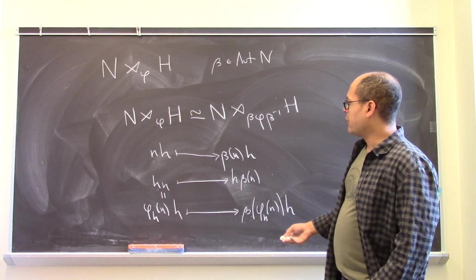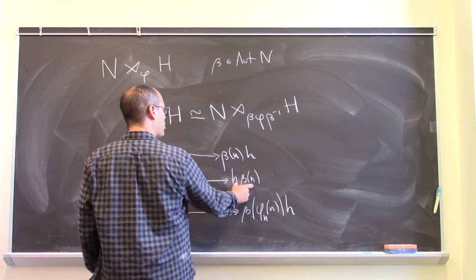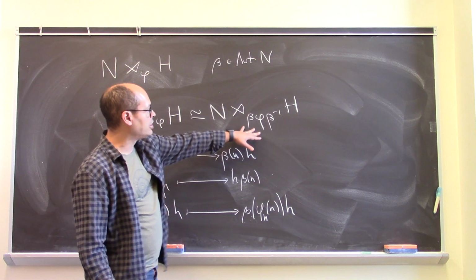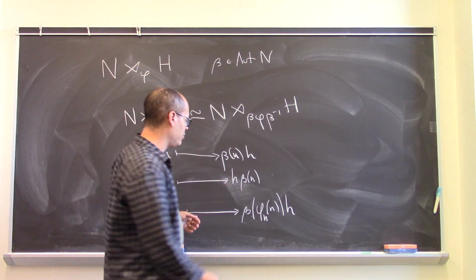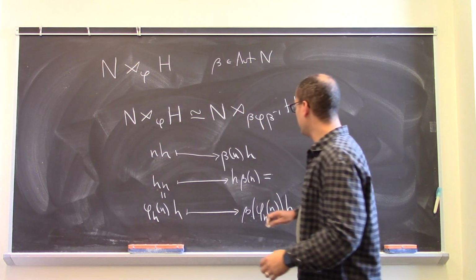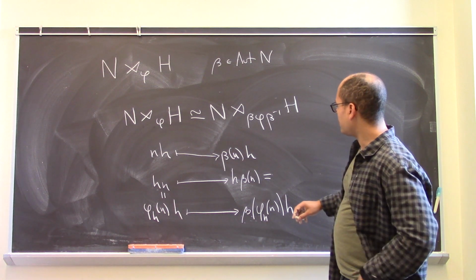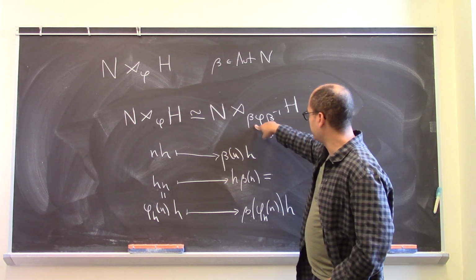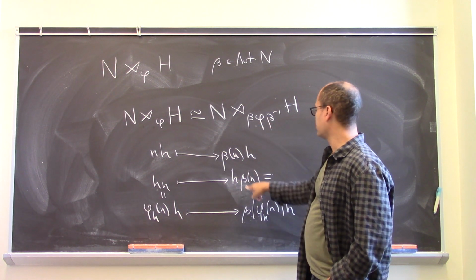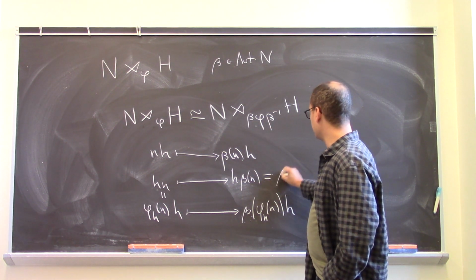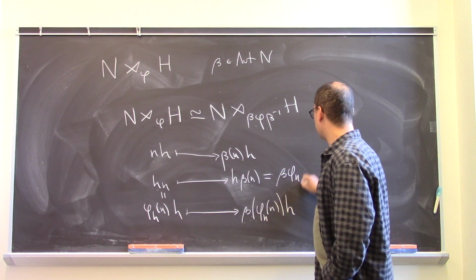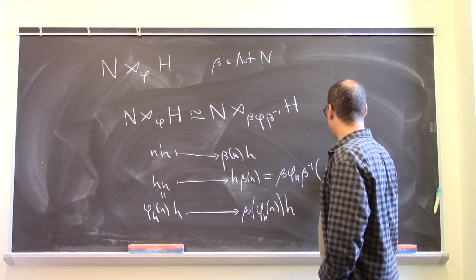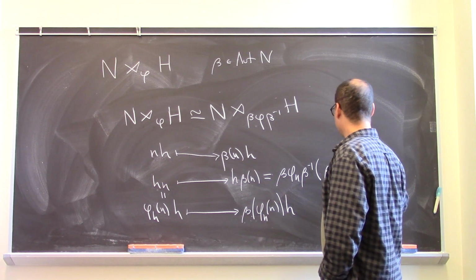Well, now these here are sitting in the wrong order. The h is on the left and so the right, so we can use this rule to straighten them out, to reverse the order. And so what does that say? It says that you need to apply this thing on h to that thing. So that is beta phi_h beta inverse. I need to apply that to beta of n, and then I have an h.